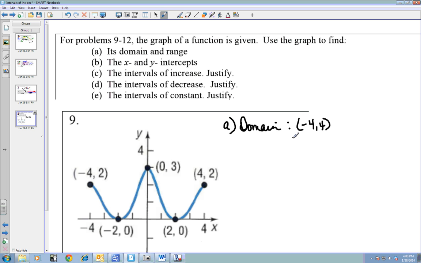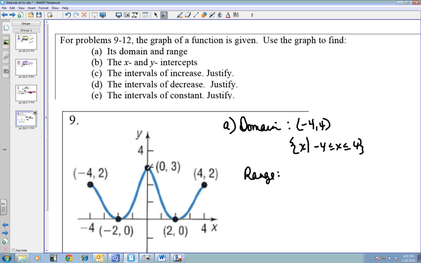Another way to write it, sometimes we see it written like this. Set of all x's such that -4 is less than or equal to x is less than or equal to 4. My range, how far up, how far down does this go? Well, my lowest point is at 0 because range are y values.